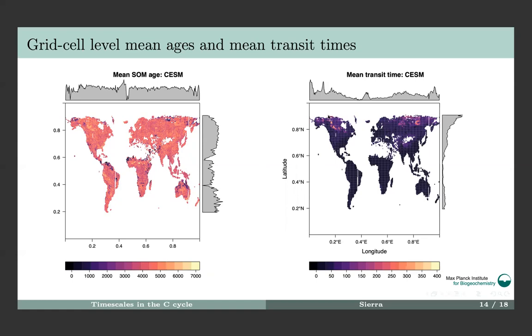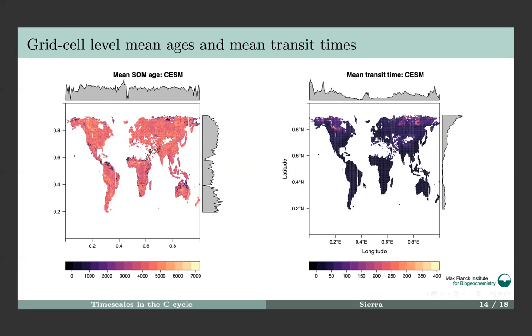In the boreal and Arctic zones, the mean transit times tend to be longer, which we actually know really well. In the rest of the world, the mean transit time seems to be just a few decades.